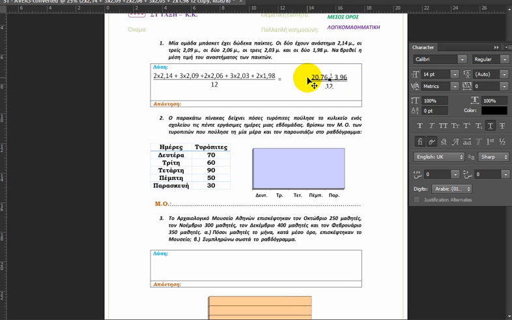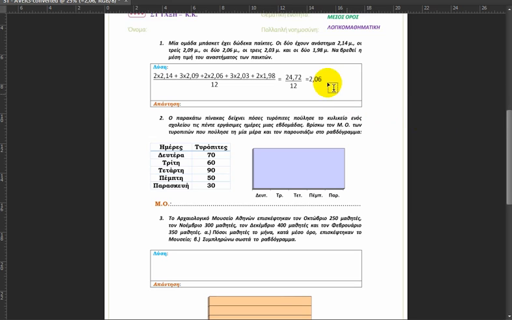Yeah, 24.72. All of this divided by 12. And the division by 12 is going to give me 2.06. So the average height of the team is 2 meters and 6 centimeters.